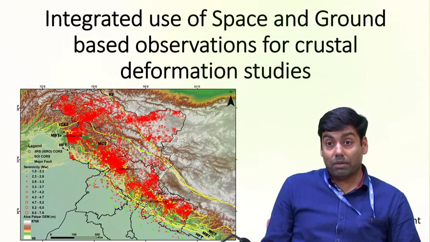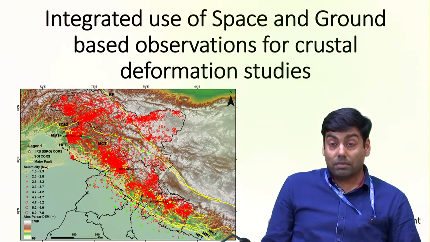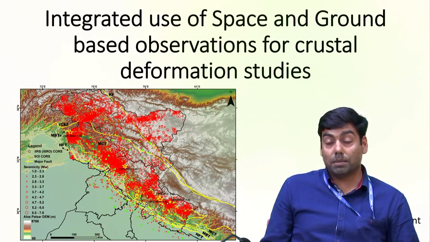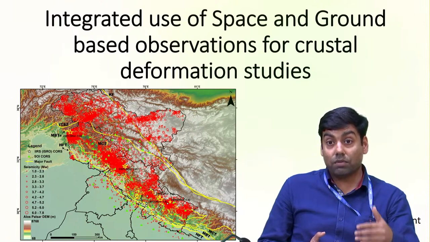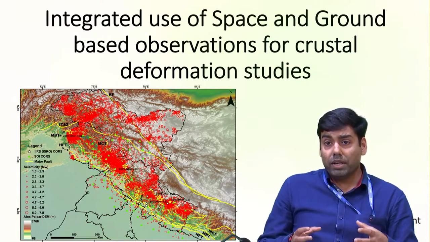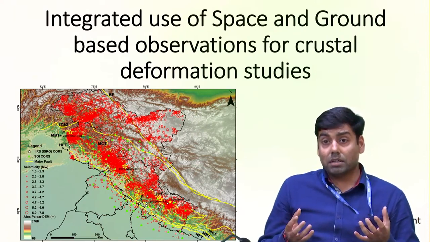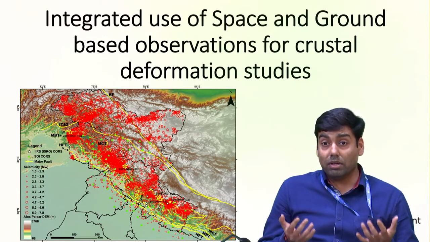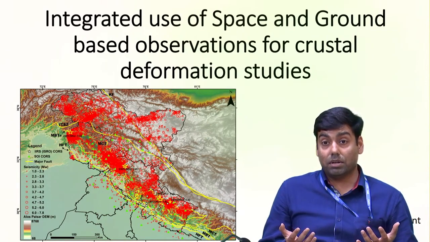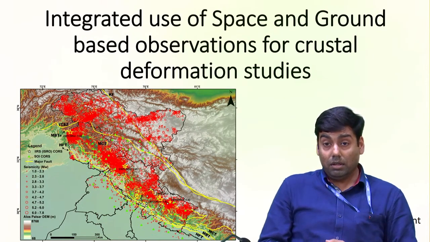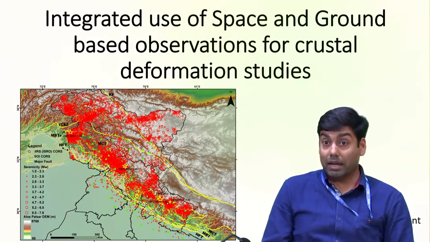So when we want subsurface information, like subsurface lateral variation and vertical variation, we need ground-based observation, because space-based satellites are giving only the surface information, not the subsurface information, except a few satellites like GRACE.